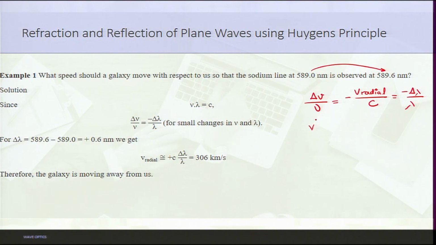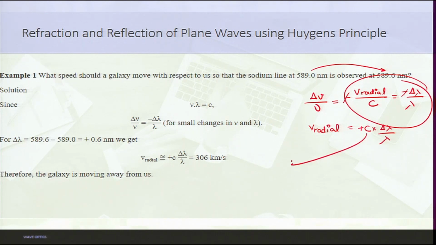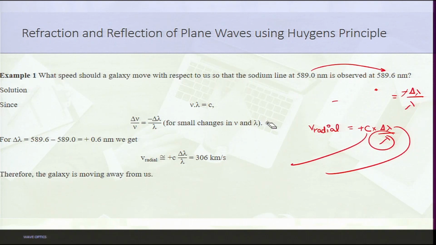Hence, if I try to calculate the value of v radial, the minus signs get cancelled, and therefore this is nothing but plus c multiplied by delta lambda upon lambda. The value of c you know, delta lambda is 589.6 minus 589, that is 0.6, and lambda is the initial wavelength. Please make sure that when delta lambda is used, lambda will be the initial value only.